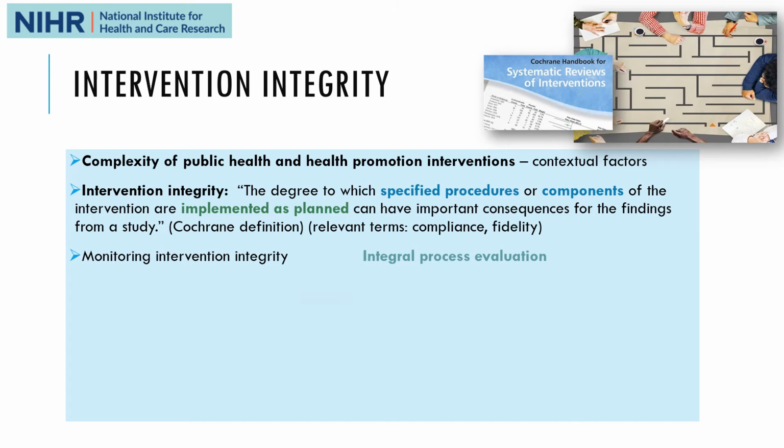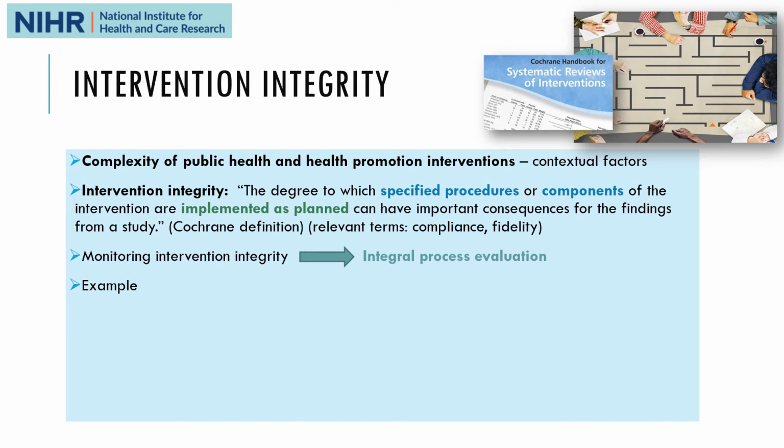The integrity of an intervention may be monitored and evaluated using process measures, and feedback from such an evaluation may lead to evolution of the intervention itself. And process evaluations can provide us with a useful source of factors that potentially influence the effectiveness of an intervention.